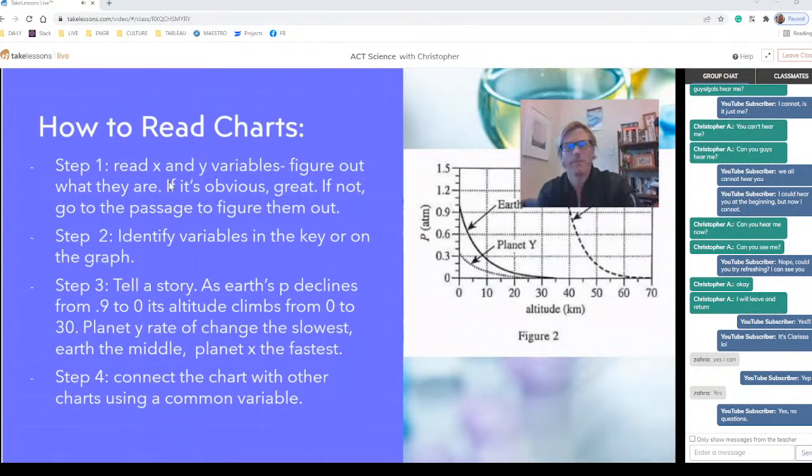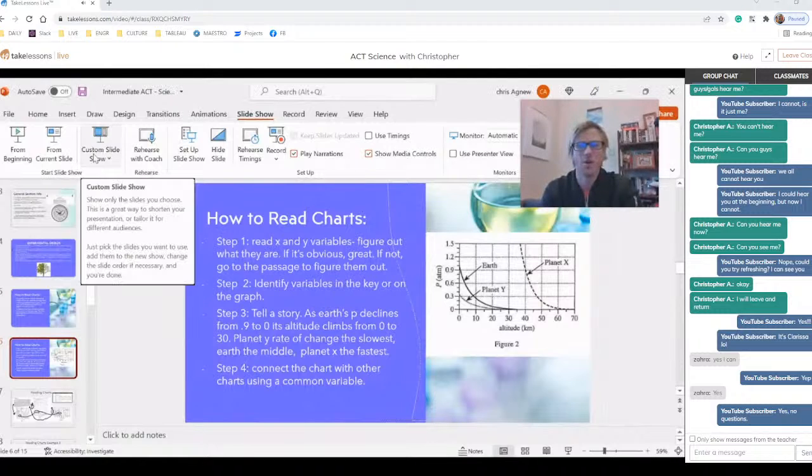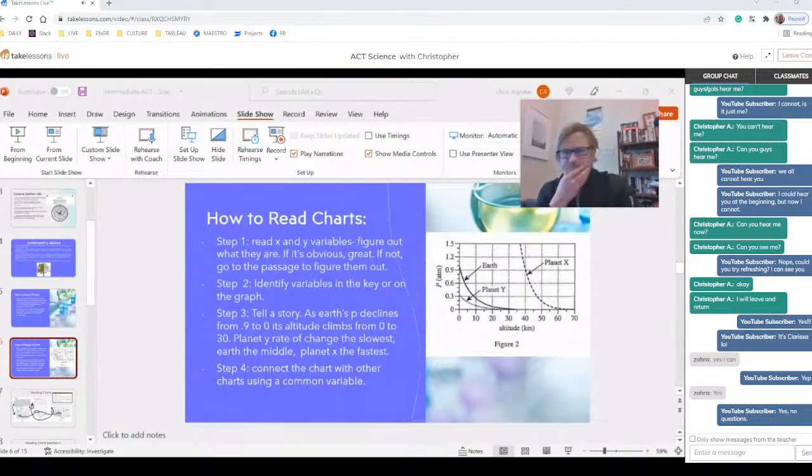Let's see. Okay. Clarissa or Zara, do you guys kind of know how to read a chart? Either of you or anybody else who would like to share? Madison or Lyra? Anybody? Do you guys have experience reading these charts?